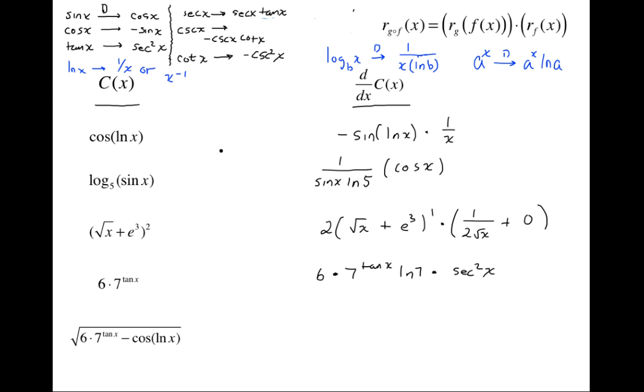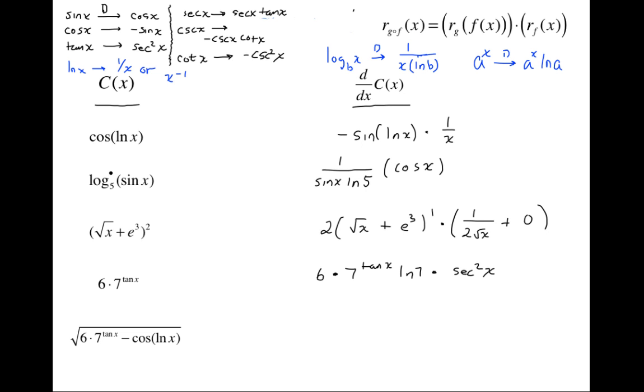So we're going to do the rate of change of cosine, which is negative sine, with respect to the interior function as it is. That's what it says right there. Rate of change of g with respect to f times the rate of change of f, which is the rate of change of natural log, 1 over x. So I'm taking the outside-in approach, starting with the exterior function, and then multiplying by the rate of change of the interior, like I've written the formula in the top. Questions on the first one?